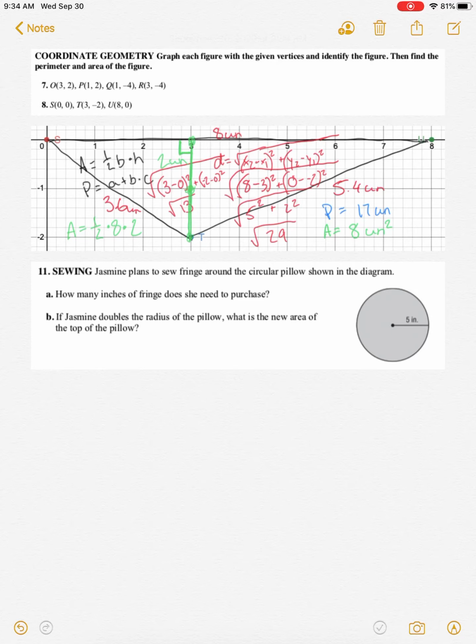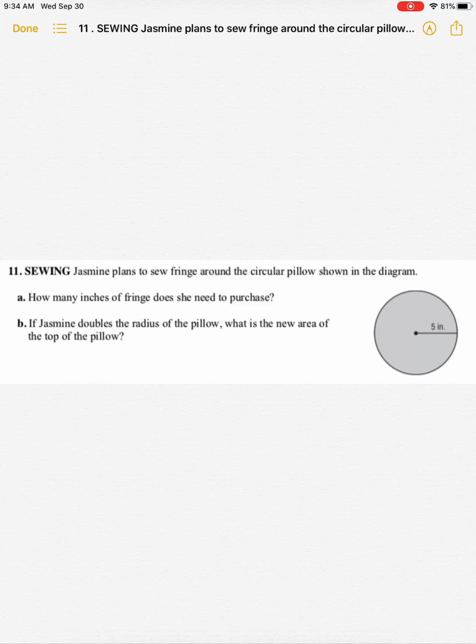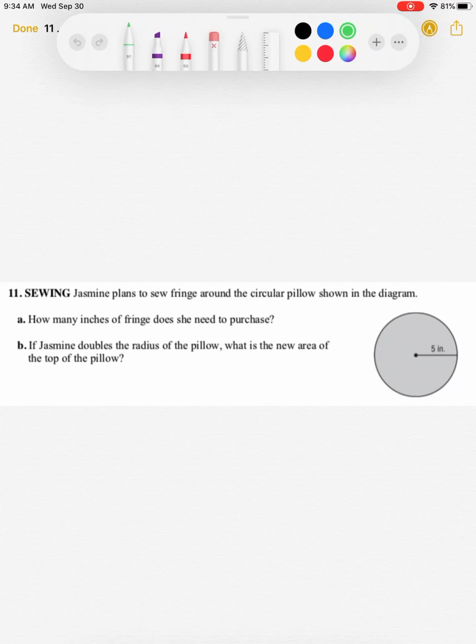Number 11 says Jasmine plans to sew fringe around the circular pillow shown in the diagram. If she's sewing fringe on the outside, this outside line in yellow is going to have fringe. We're supposed to find out how many inches of fringe she needs to purchase.